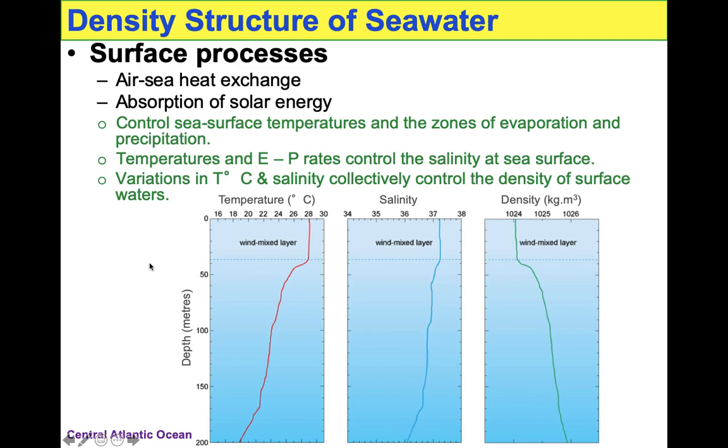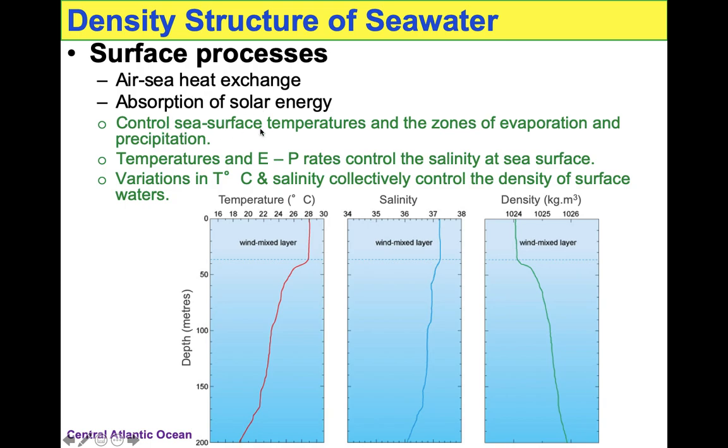So to begin with, we should say that solar radiation, atmospheric pressures, and atmospheric weather conditions strongly control the surface water temperatures.